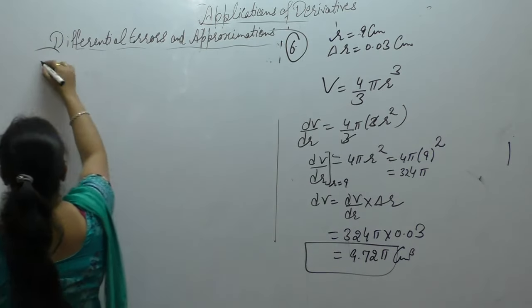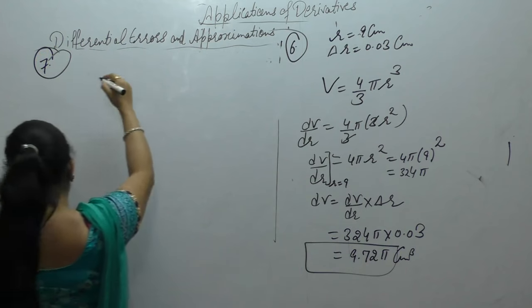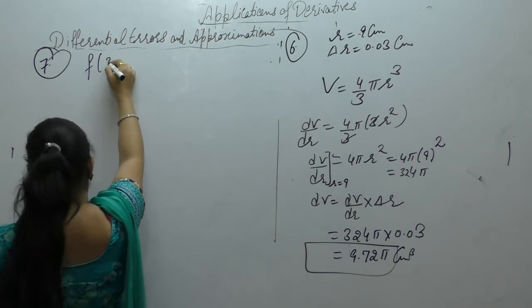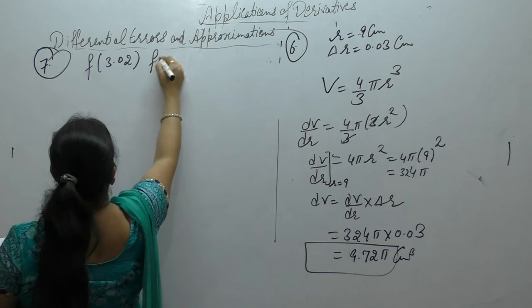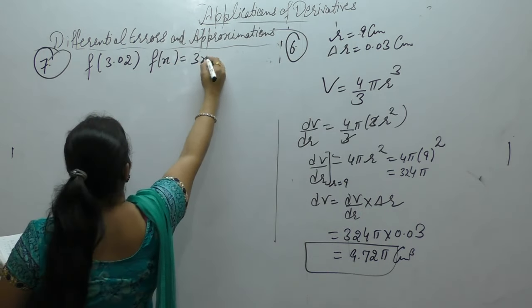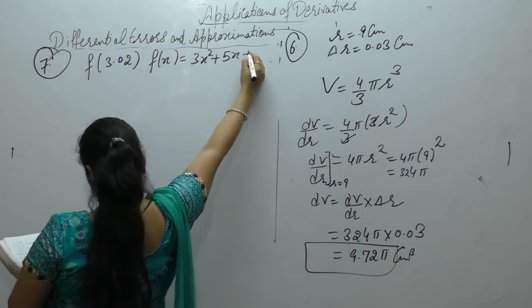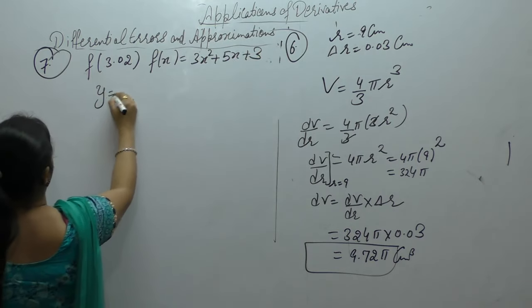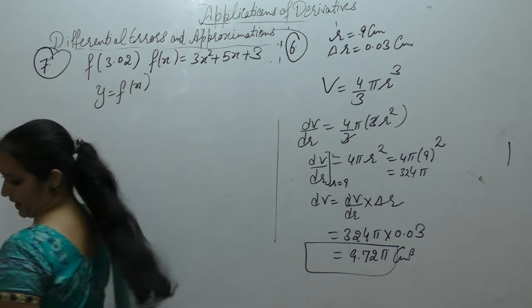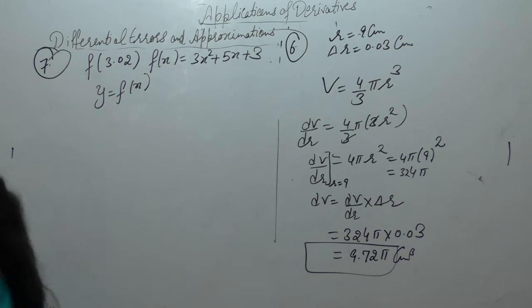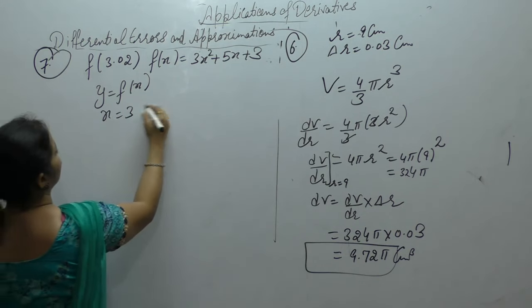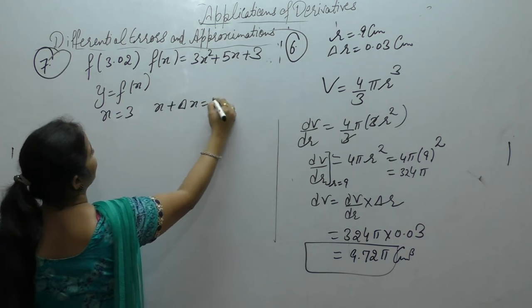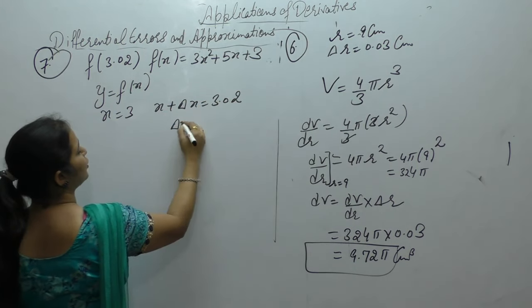Next one is, find the approximate value of f(3.02) where f(x) is 3x square plus 5x plus 3. Let y equal f(x), x equal to 3 and x plus delta x is 3.02.